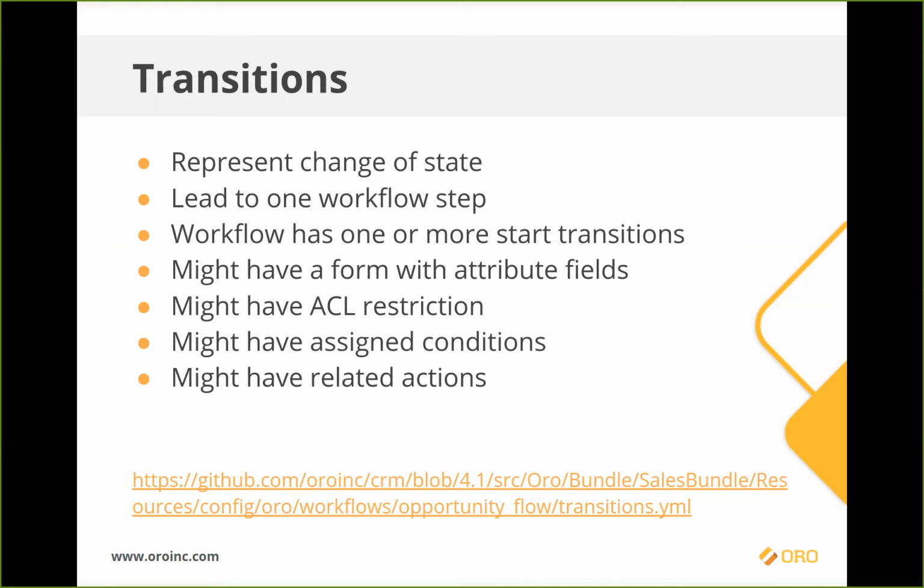So for example, an order can have one start step, for example, choose the shipping address, but there can be many transitions that can lead to it. So we can start an order from the shopping list, we can start an order from the quick order form, or we could start an order from the quote. So those will be three starting transitions, but they all lead to the same starting step, which is select the shipping address.